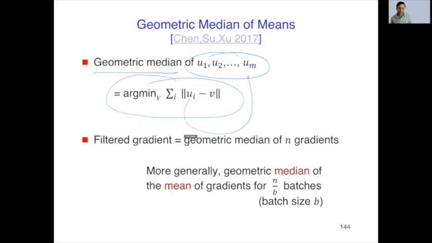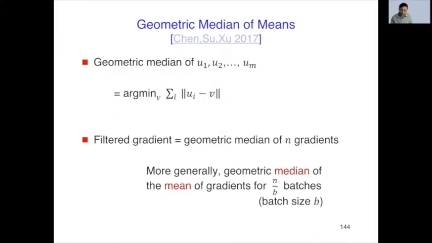So what we're basically doing is, for every possible v, we compute the distance of v from each of these ui vectors and add up the distances of vector v from all of these vectors. And then we pick a v that minimizes this quantity. And that would be the filtered gradient.